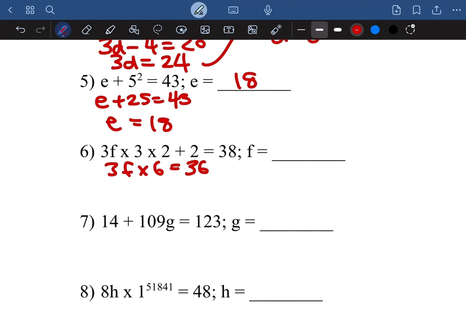And then from here, we're going to multiply 3f times 6 to get 18f equals 36. And then we're going to divide both sides by 18 to get f on its own. So the 18 cancels out. 36 divided by 18 is 2. So f is equal to 2 for number 6.